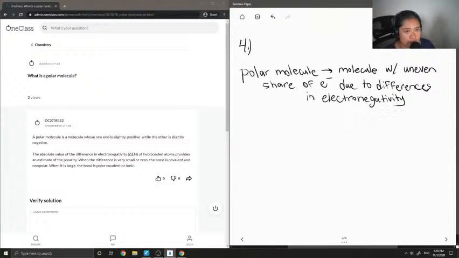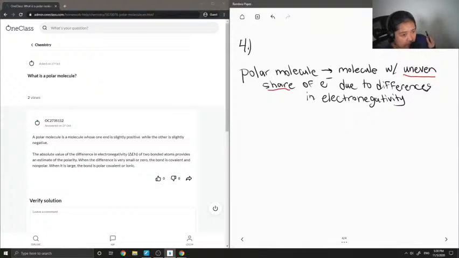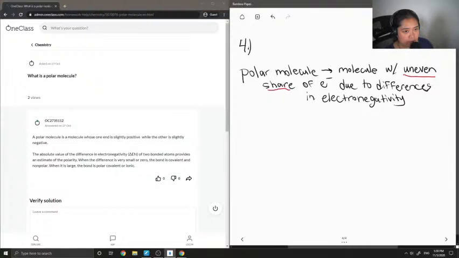So the key idea in this definition is that it is an uneven share of electrons due to differences in electronegativity. So let me have an example. I should also add that polar molecules have a non-zero dipole moment.